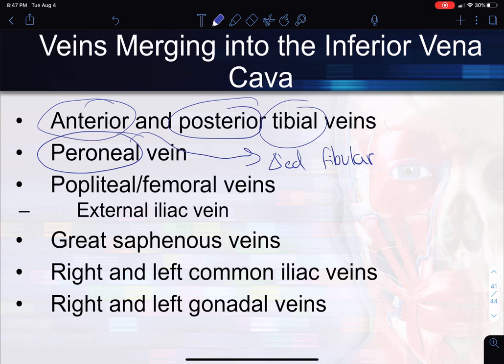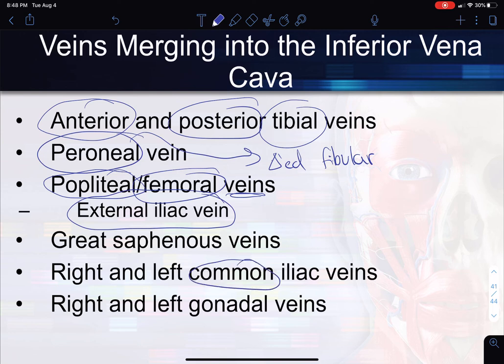Then we have popliteal, which is the back of the knee, and femoral, the thigh veins, and those all dump into the external iliac vein. The external iliac vein turns into the common iliac vein, and we have this on both sides, right and left.